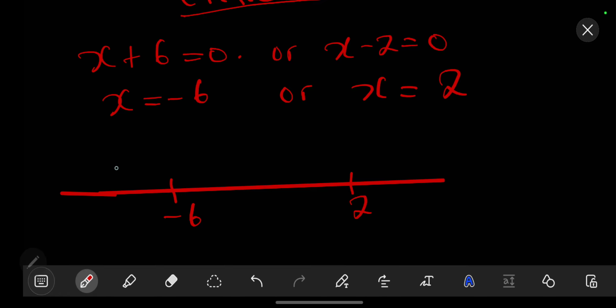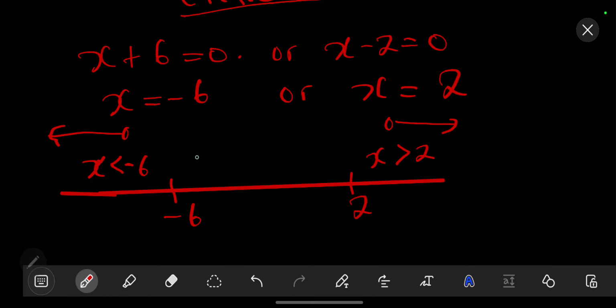All the values on this side are less than negative 6, because as you move to your left, you are decreasing. Then here we have x greater than 2, so all the values on this side are greater than 2.